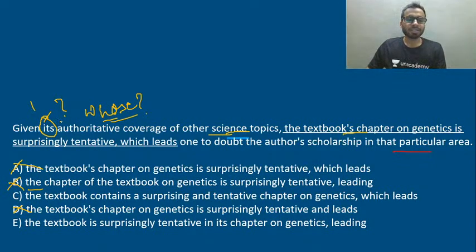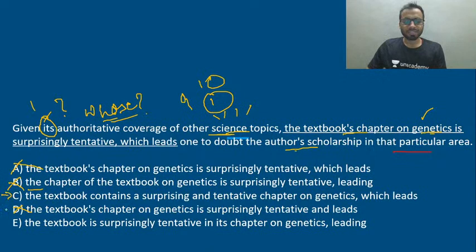Here we're talking about the textbook that has multiple chapters on multiple science topics, out of which they're singling out one topic, genetics, because of which they say that this author is not an authority on genetics while the author remains an authority on the other science topics. If there are 10 chapters, the author is doing well in 9. It's the one chapter on genetics that they're not very happy with. All right, that is why we eliminate B.